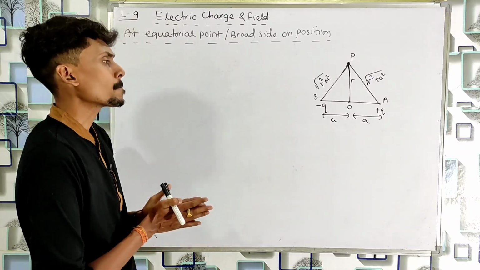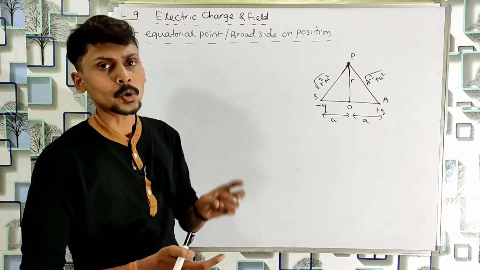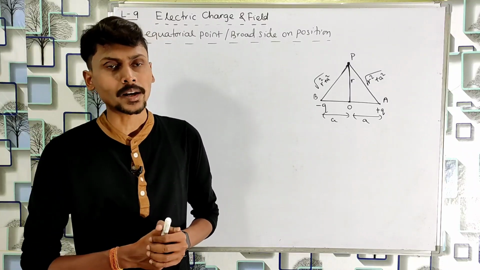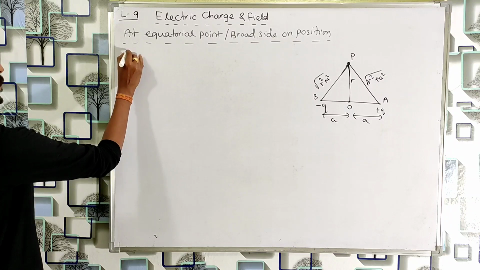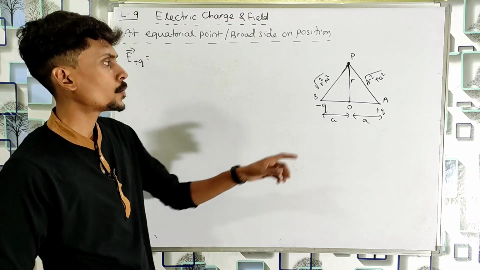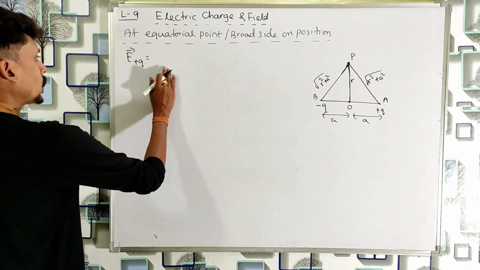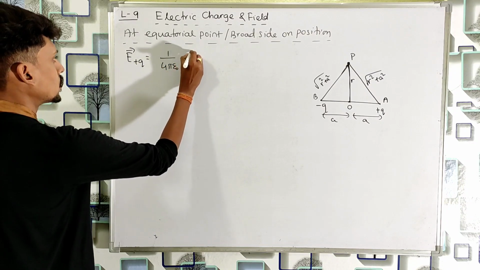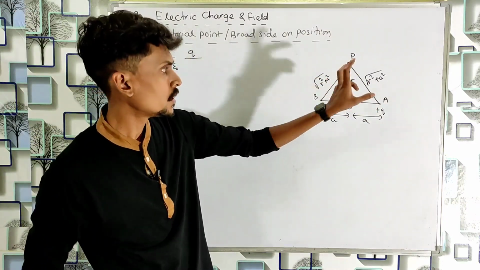Again we have two charges, plus q and minus q, so we'll get two electric fields at the point P, and then we have to take the vector sum of the two electric fields. First I'll write the expression for E plus q, the electric field intensity at the point P due to the positive charge plus q. E plus q will be 1 by 4 pi epsilon naught, magnitude of charge divided by AP square, the distance square.